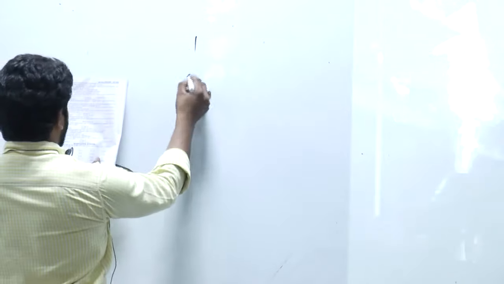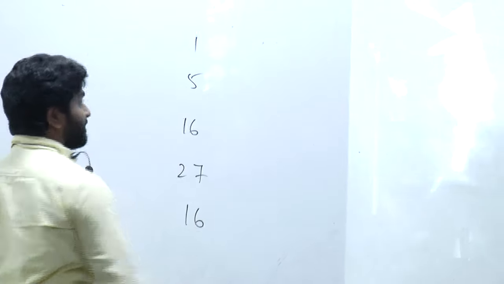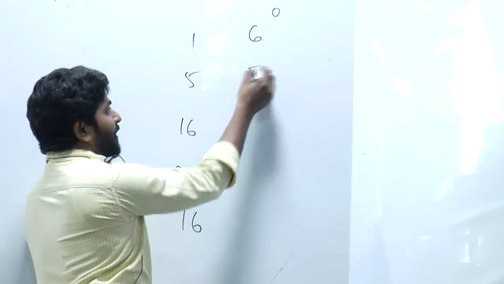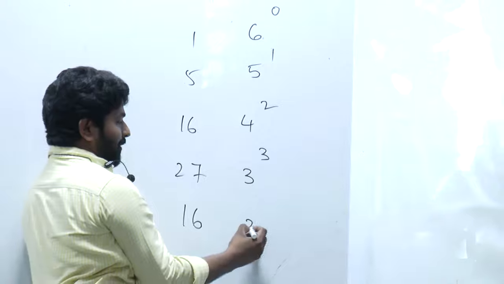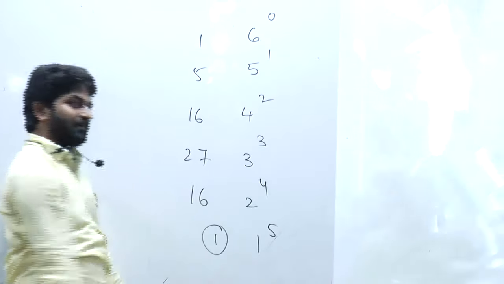Anyone got answer? 1, 5, 16, 27, 16. This is 6 to the power of 0, 5 to the power of 1, 4 to the power of 2, 3 to the power of 3, 2 to the power of 4, 1 to the power of 5, 1 answer.